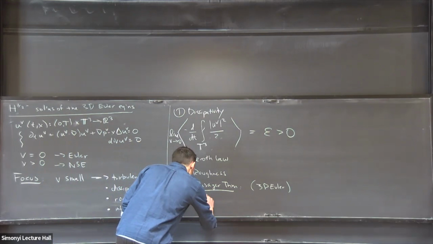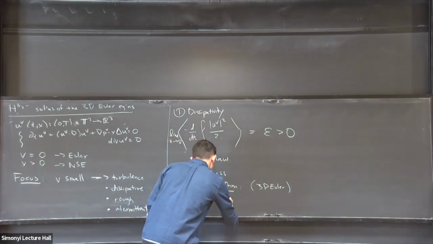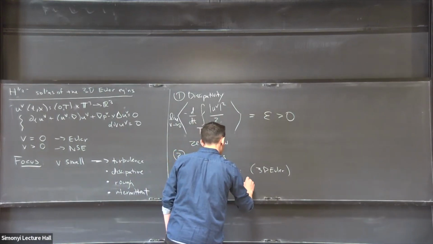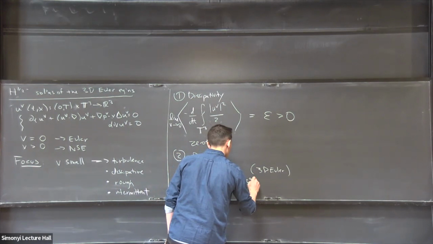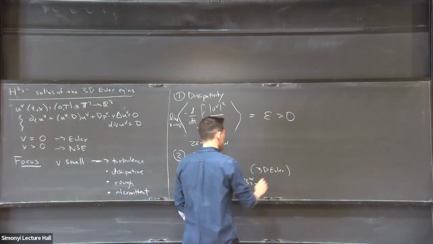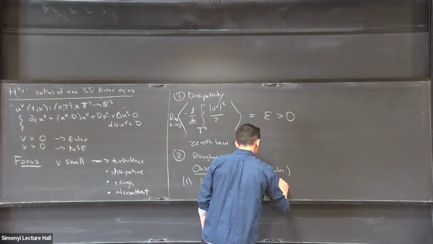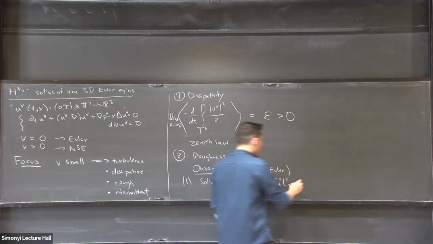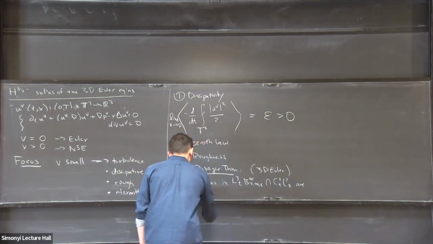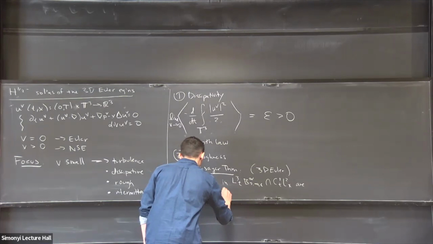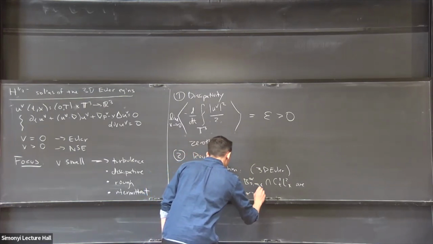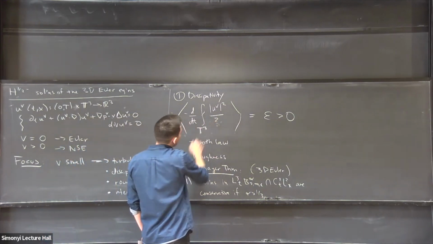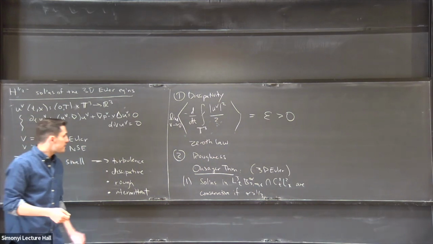And it says that solutions in L^3_t B^α_{3,∞} intersect C^0_t L^2_x are conservative if α is larger than 1/3, meaning that the time derivative of this quantity is 0 and the kinetic energy is conserved.